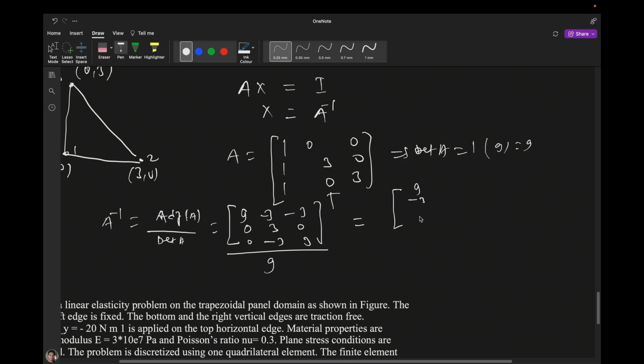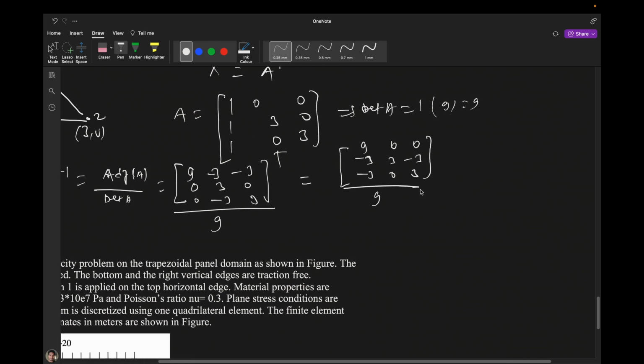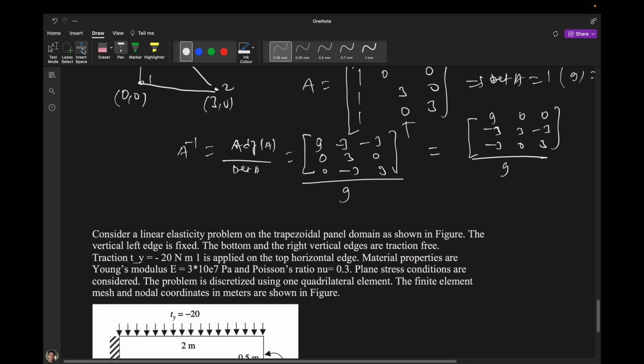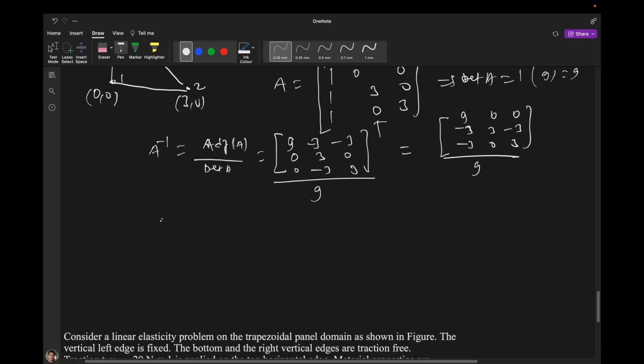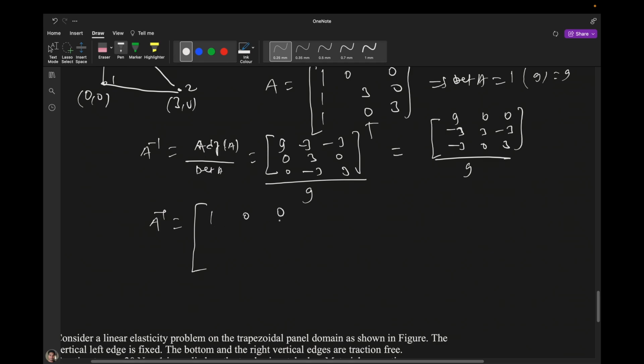Even if I do not write the transpose, okay, let's write the transpose. 0 3 0 0 minus 3 3 divided by 9, and A inverse will be 1 0 0, minus 1 by 3, 1 by 3, minus 1 by 3, minus 3, minus 1 by 3, 0, and 1 by 3.